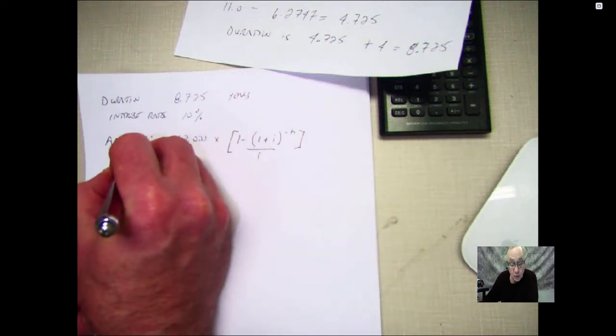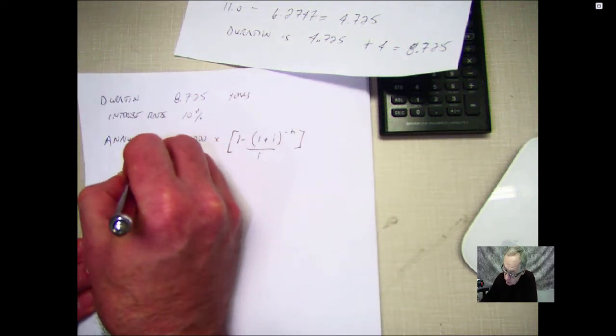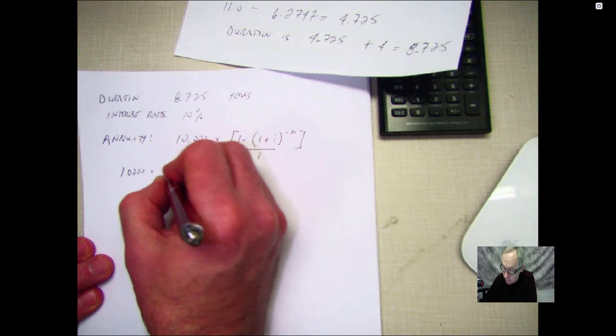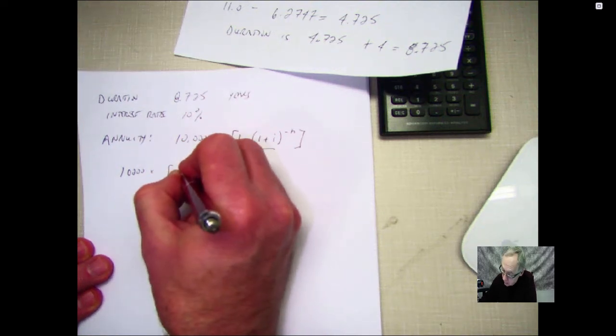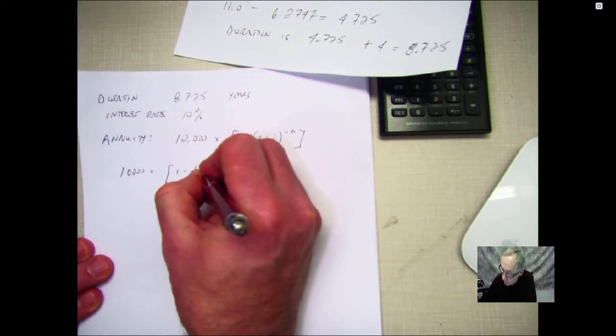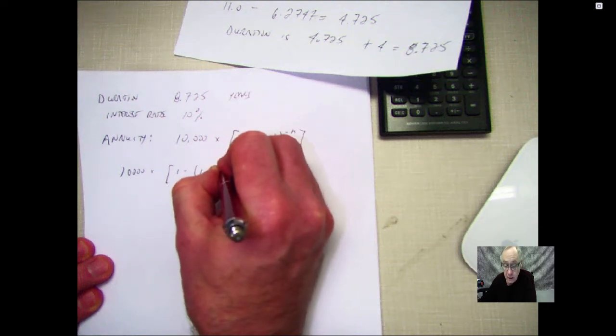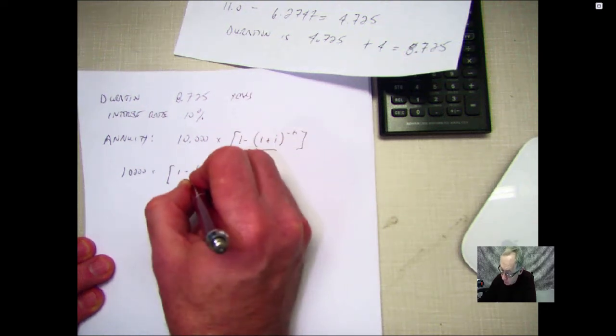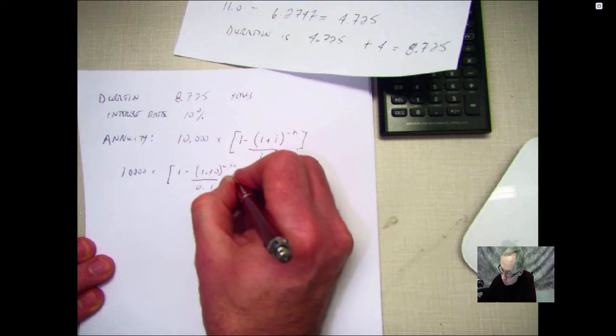Okay. So reworking that, 10,000 times (1 - 1.10 to the minus 10th power) divided by 0.1.